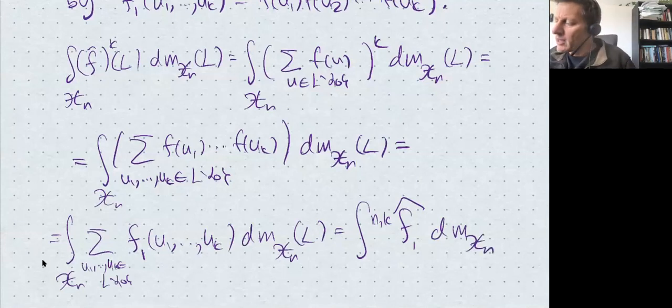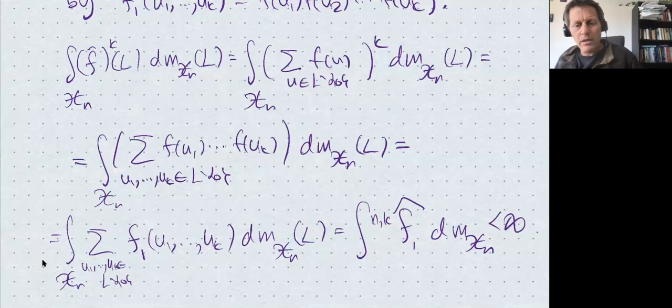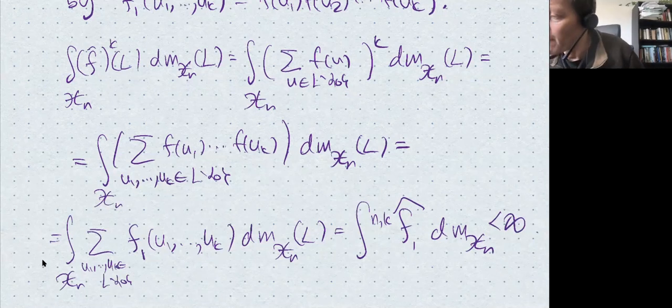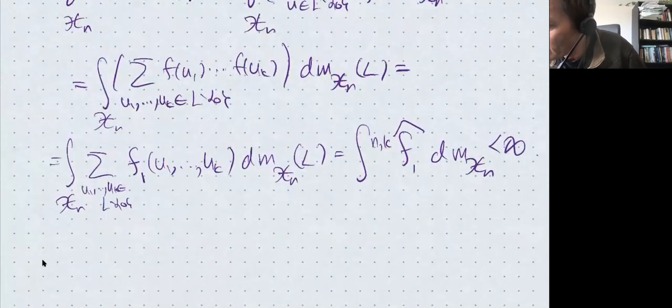And by the Siegel theorem that we just had, this is finite. So the fact that f hat is k times integrable follows from the previous formula, very simply, by this definition of the function f1.